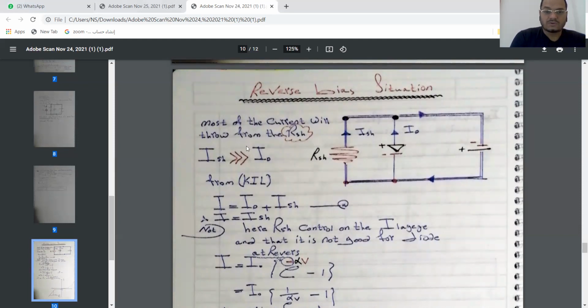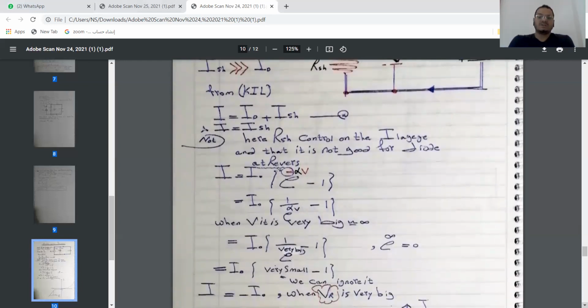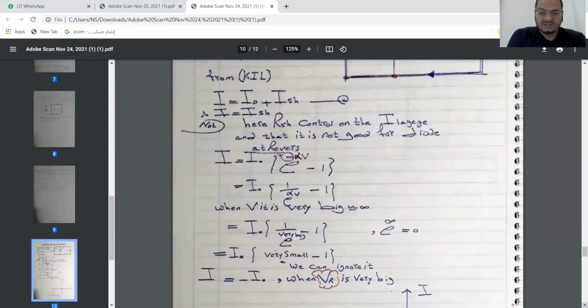The current at the shunt resistance will be bigger than the diode current. From Kirchhoff's law, ID plus ISH, I equals ISH, because ID is approximately 0, a very small amount we can ignore. Here RSH controls the leakage current.